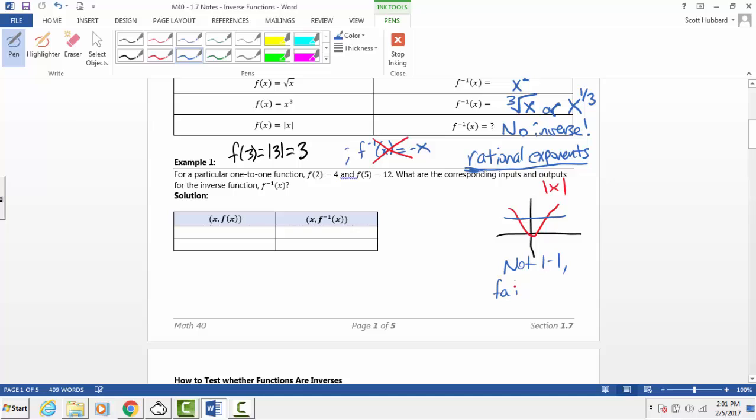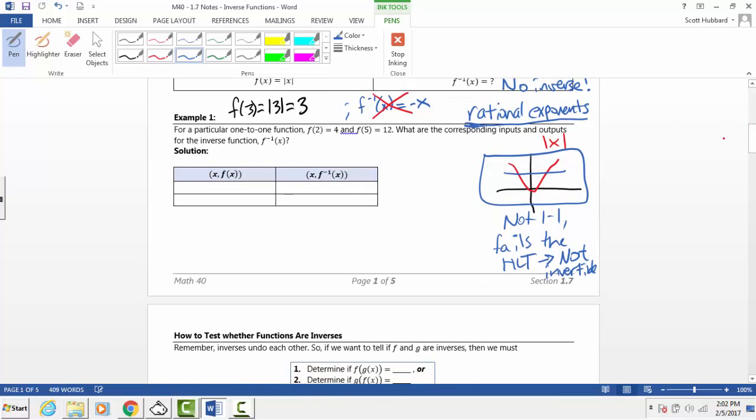It fails the horizontal line test, which means there's not an inverse, so it's not invertible. That's the quick and easy way to do it with the graph. We're going to cover more in this section, so let's move on.